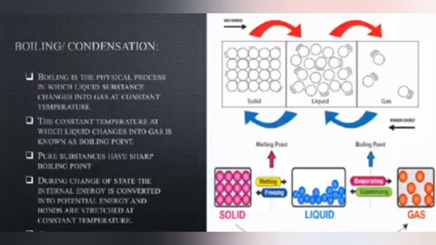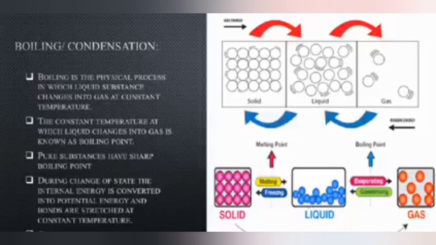Among them, two are heat gaining processes, heat absorbing processes, that are melting and boiling, and two are the heat evolving processes that are freezing and condensation. During the heat gaining process, there is an increase in the internal energy, and there is an increase in temperature until the kinetic energy is increased.